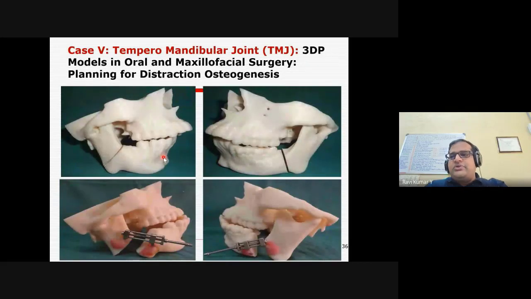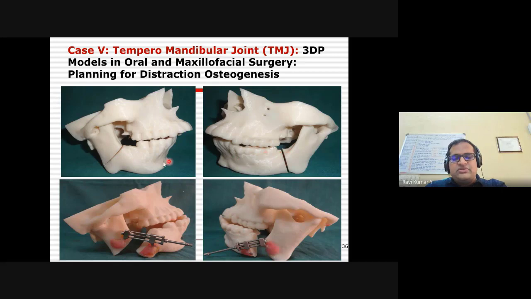This will go as a two-level surgery. The first level is a distraction osteogenesis procedure, like the one we saw in the previous example: cutting the bone and stretching it forward, 1 mm, 2 mm, 3 mm like this.